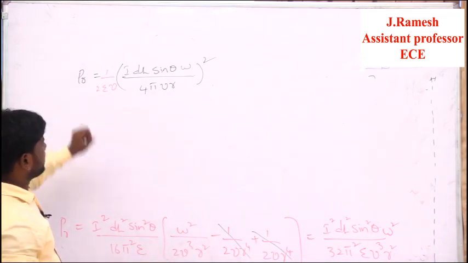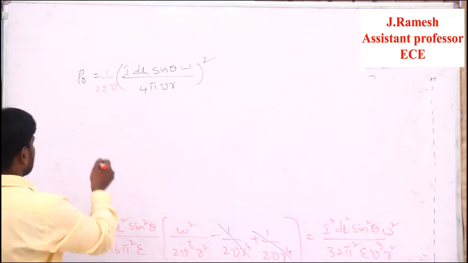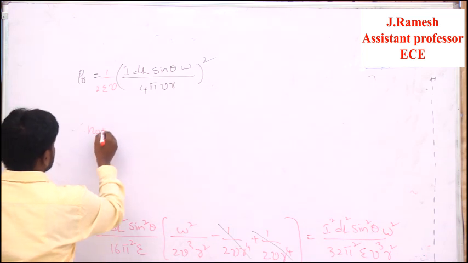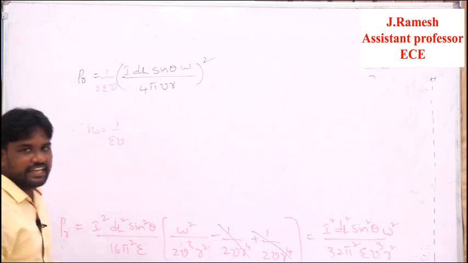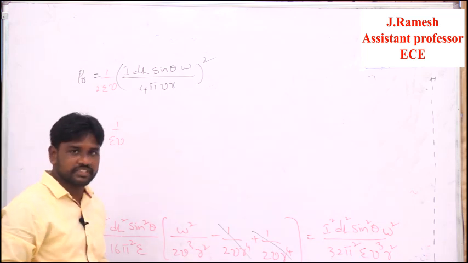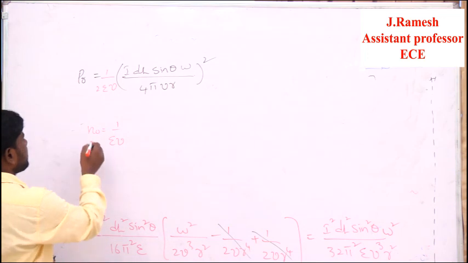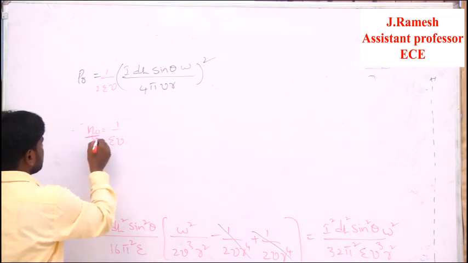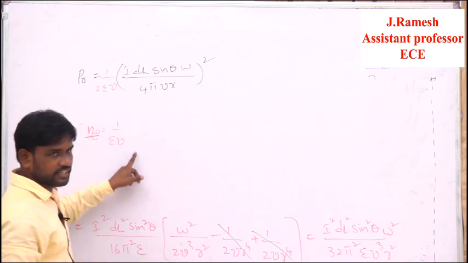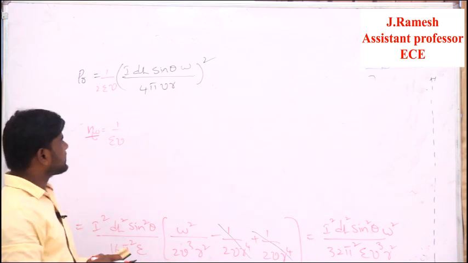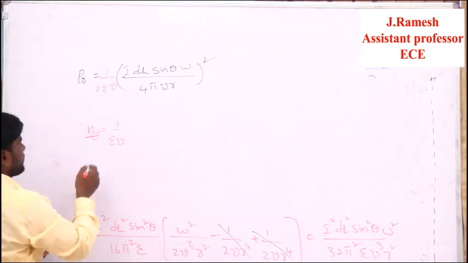This is PR, but I know that 1 by epsilon v, I can write that it is the intrinsic impedance for free space. So I am simply writing eta naught is equal to 1 by epsilon into v. It is the intrinsic impedance. Now I am just substituting in the above expression.